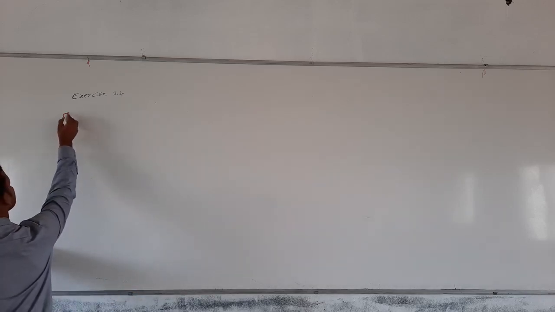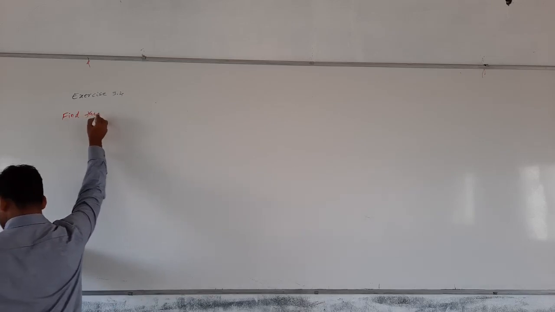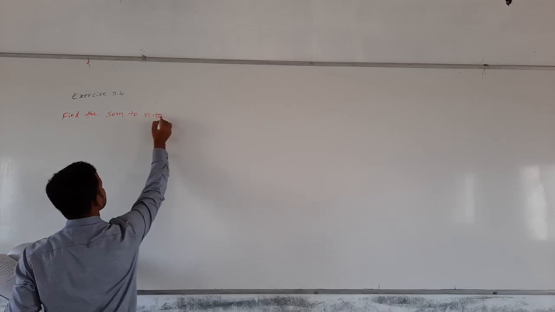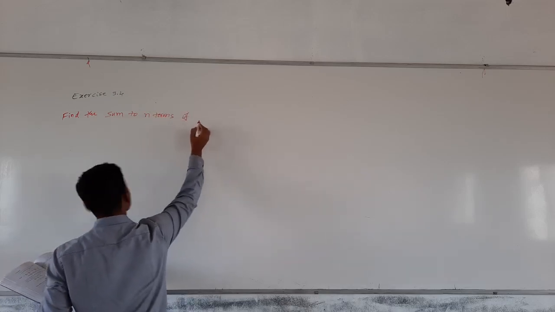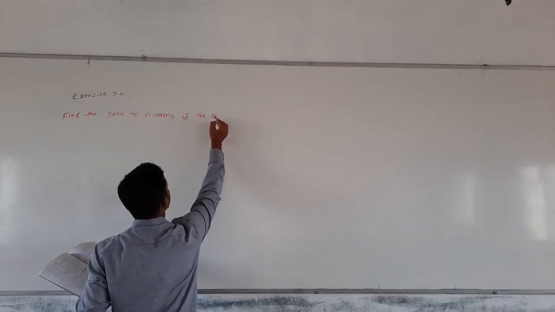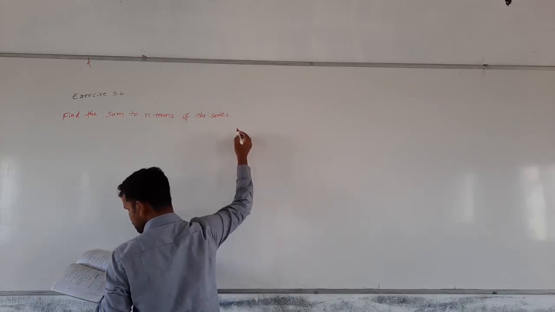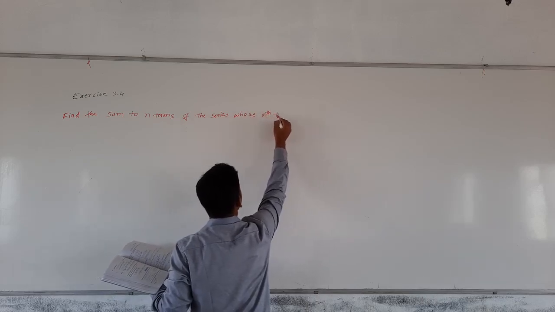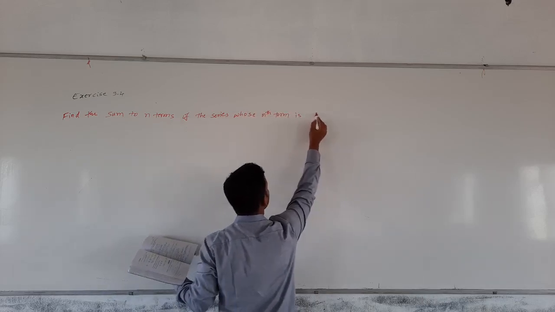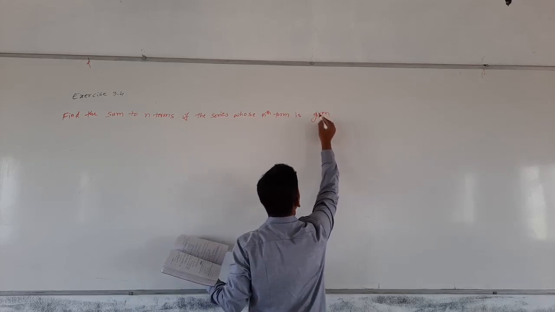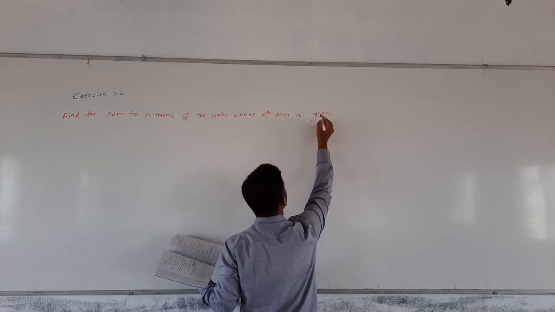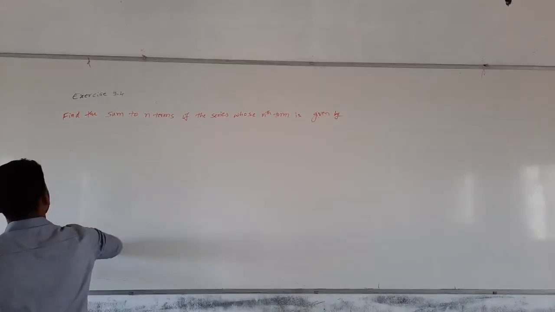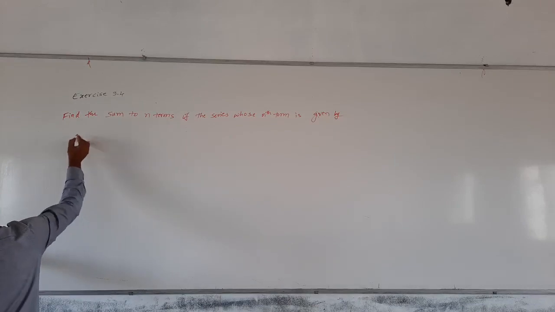It says find the sum to n terms of the series whose nth term is given by, meaning whose nth term is already given to us. Directly we need to find the sum of n terms, meaning Sn. Let me take question number 8.